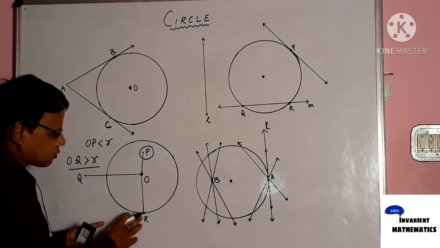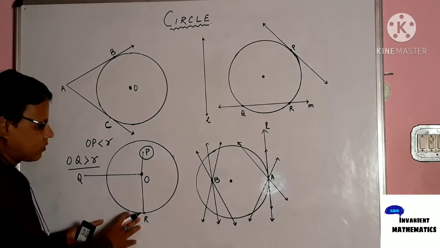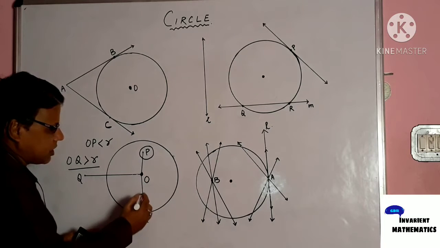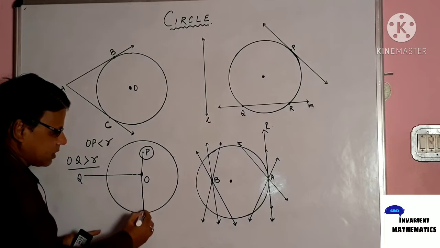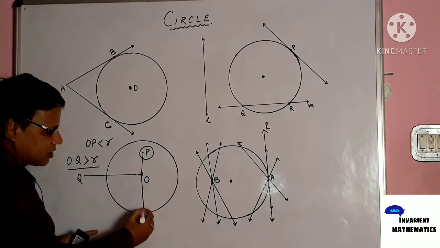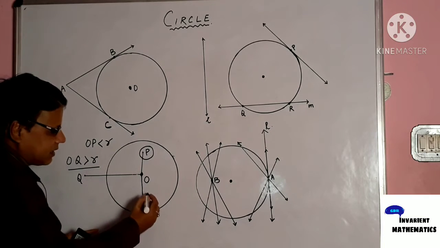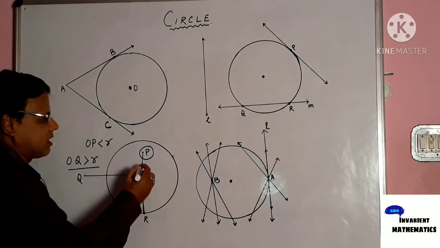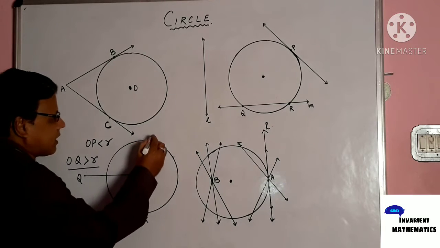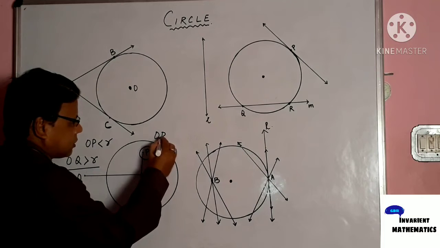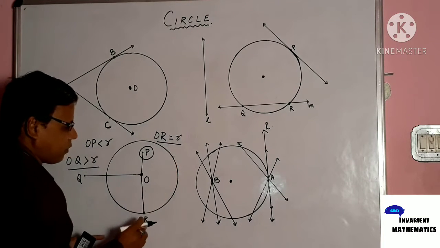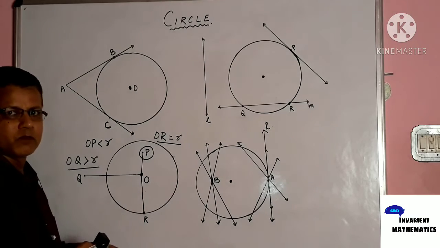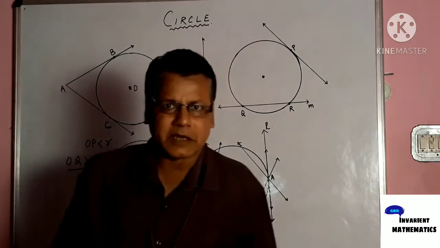Now comes the third point R. Joining R with O, we get OR. It is clearly visible that this is equal to the radius. As OR is equal to the radius, R is a point on the circle.